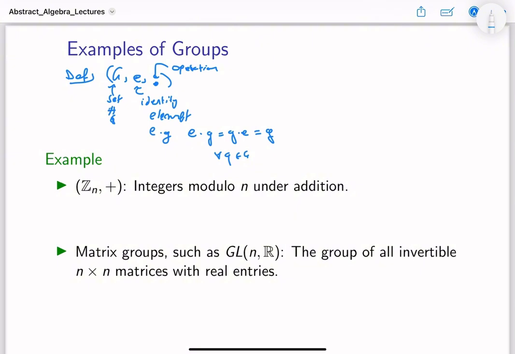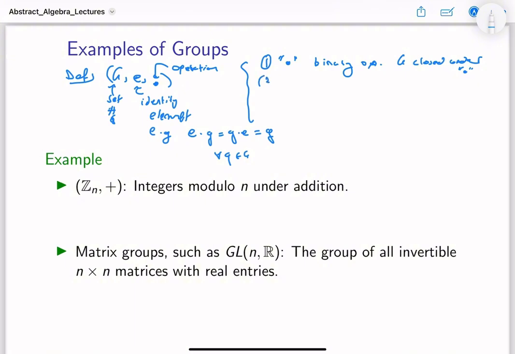So this is the setup, and we require the dot to be a binary operation. What this means is that we require G to be closed under that operation.